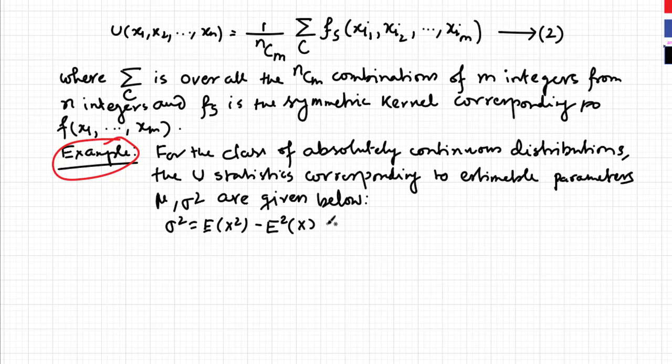Again, since xi's are IID, independent identically distributed random variables, we write this as expectation x1 into x2, since xi's are identical, so expectation x1 equal to expectation x2.